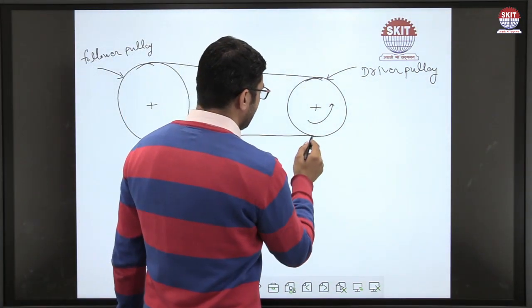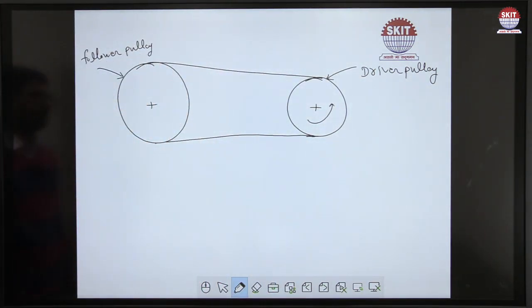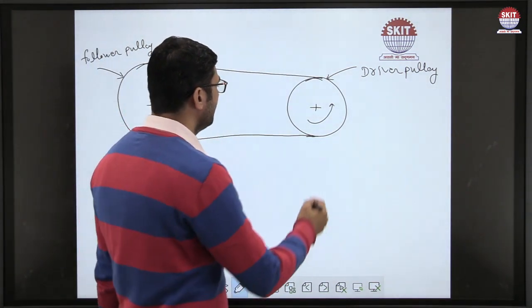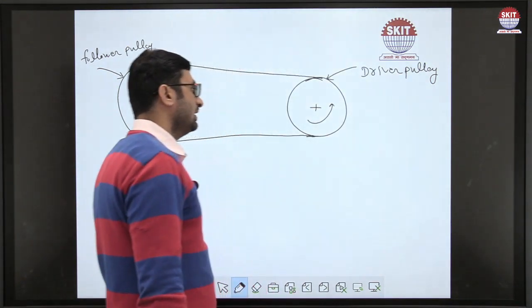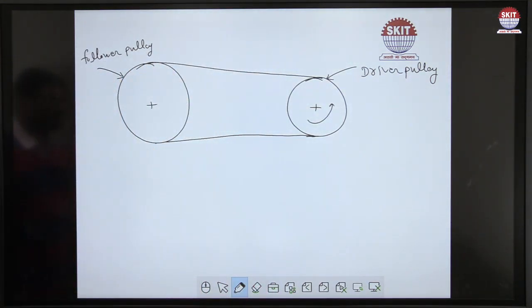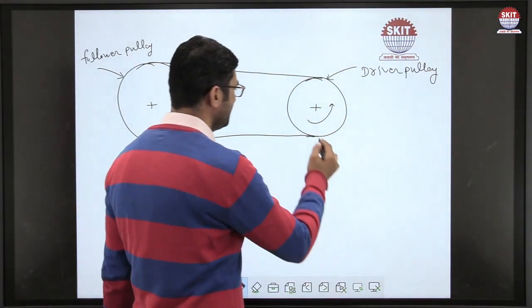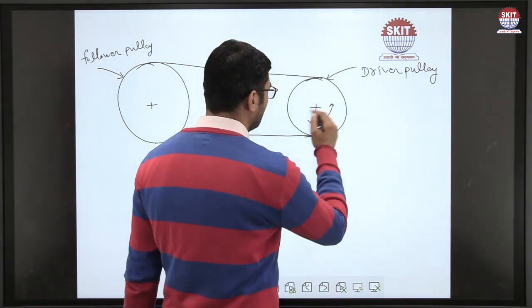Now see which is the tight side of the belt and which is the slack side of the belt. To decide this, first of all see the rotation direction of the driver pulley. In this example, the direction of rotation of the pulley is anti-clockwise.